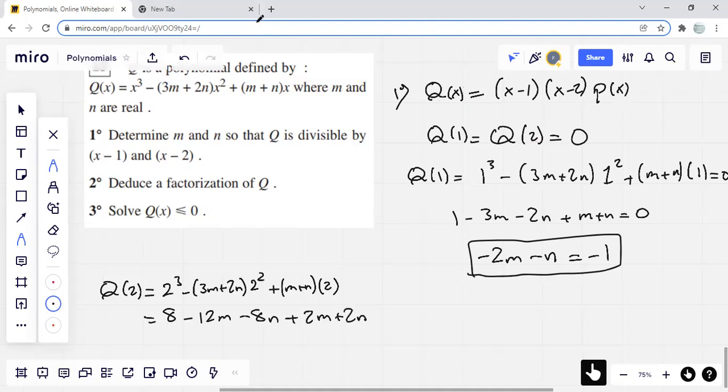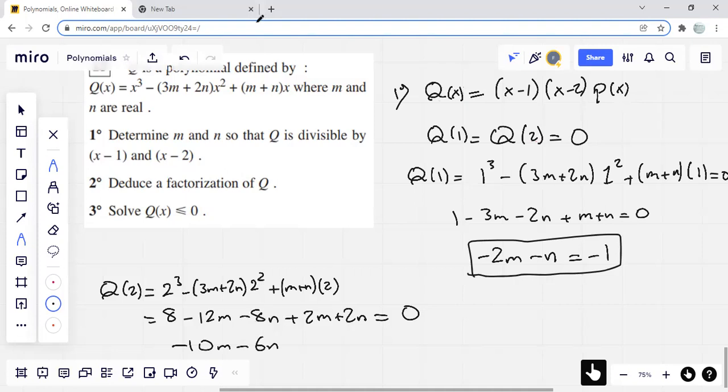What do you know about q of 2? Q of 2 here is equal to 0. So we can put all of this equal to 0 and we will do the same. Minus 12m plus 2m, this will add up to minus 10m. Minus 8n plus 2n, this will be equal to minus 6n.